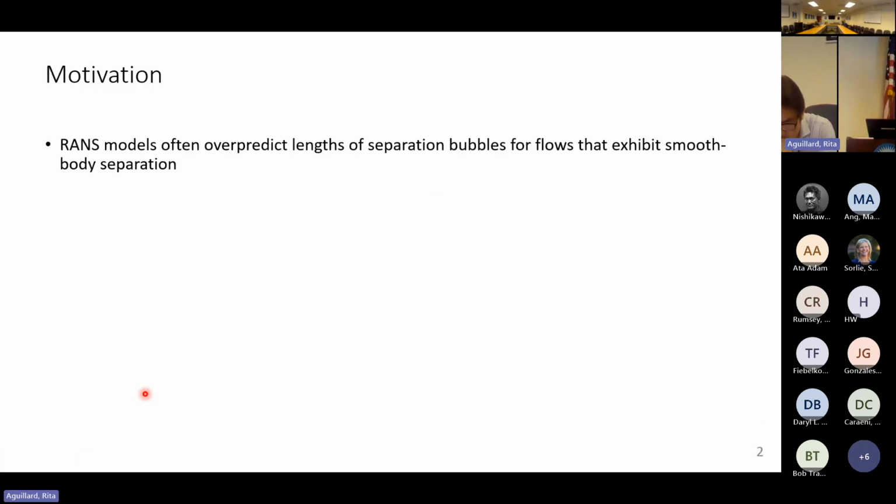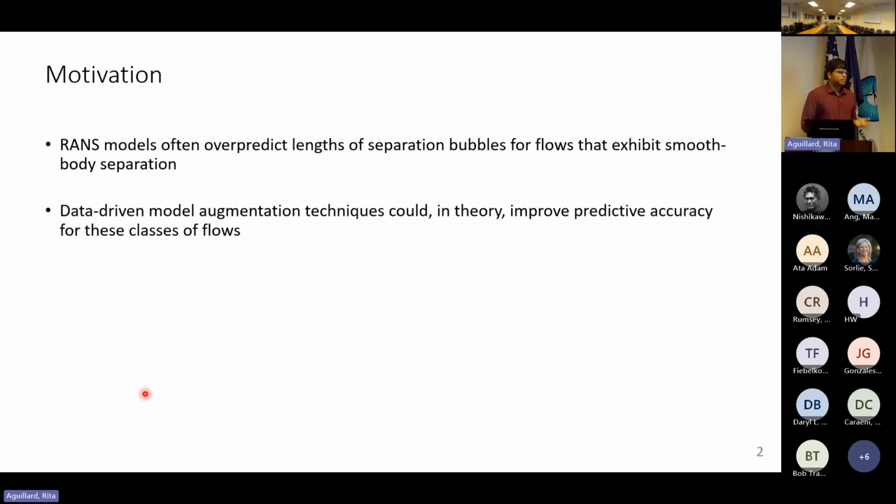So let's get started with the motivation for this work. We know that Brown's models often mispredict lengths of separation bubbles, especially for fluids that exhibit smooth body separation. Now, data-driven model augmentation techniques that have been introduced in the past decade could improve this predictive accuracy, and that was our hope going ahead with this work, to see if we could improve such reattachment predictions. The main challenge as far as data-driven model augmentation goes is do no harm.